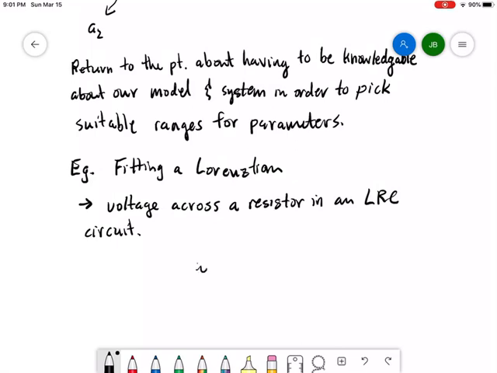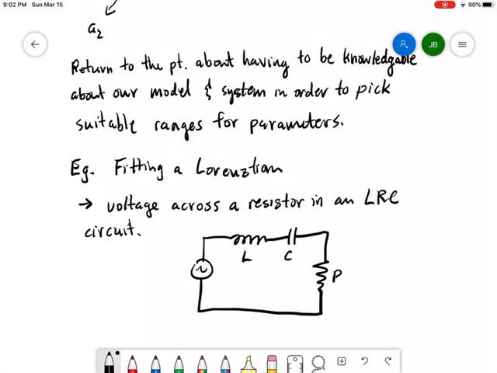So that circuit looked like what we had is a function generator and an inductor and a capacitor and then a resistor. And so if this is L, C, and R, what we might be doing is measuring the voltage across the resistor as a function of the frequency of the generator voltage. So we might be tuning the frequency if we're looking at the frequency response.